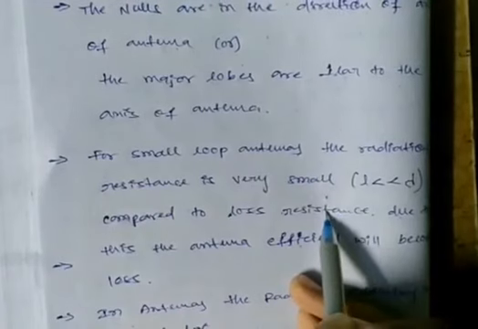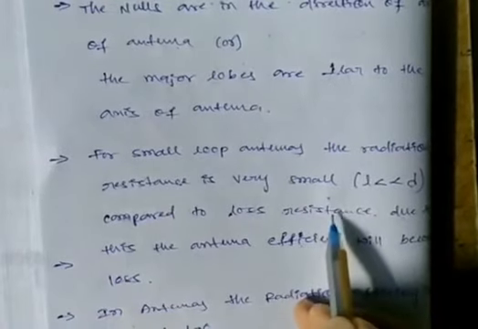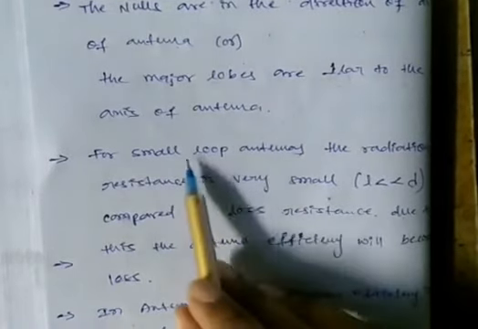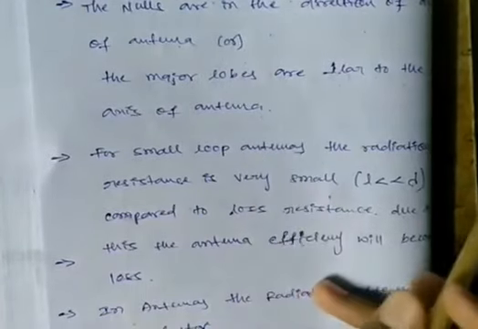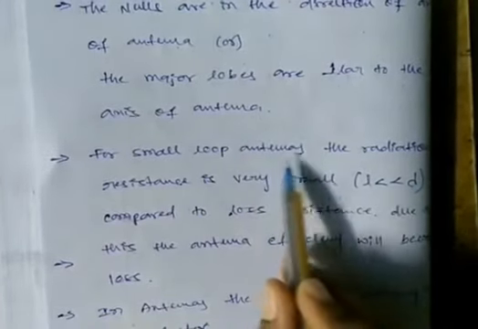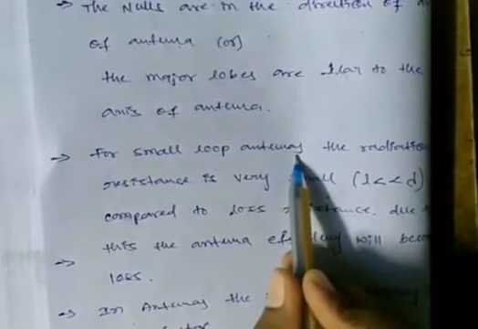Due to this, the radiation efficiency is very low. So due to this low radiation efficiency, small loop antennas cannot be used as transmitting antennas. These are used for receiving antennas only.